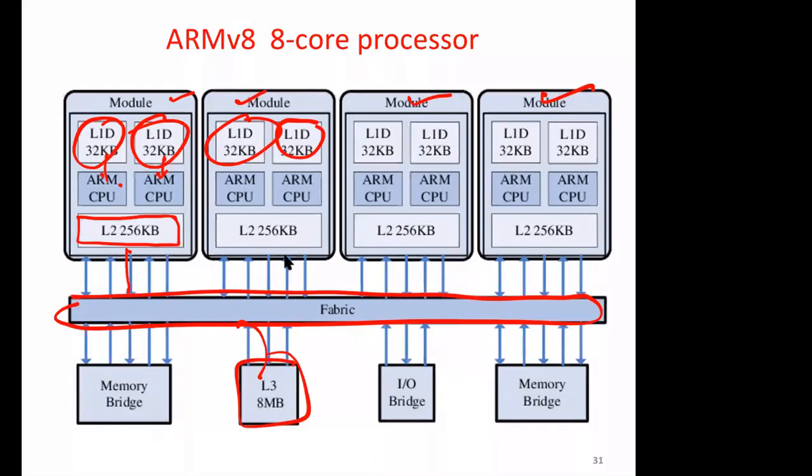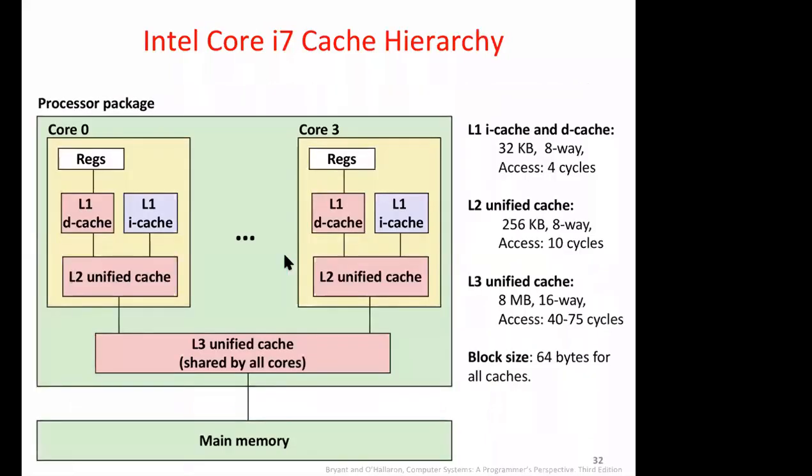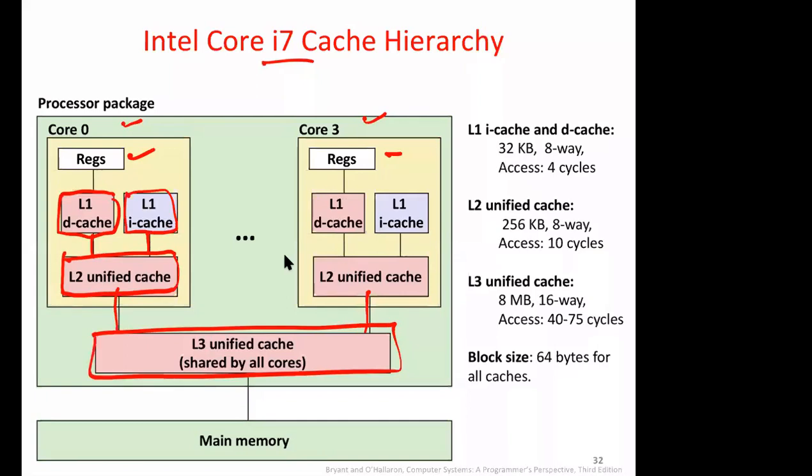Then we can see in Intel, again a multi-core architecture. I am talking about the i7 microprocessor. There are registers, of course, and then there is L1 data cache and L1 instruction cache, and they are connected to a unified L2 cache. All the L2 unified caches are in turn connected to the L3 unified cache. Note that the L2 unified cache is for a core.